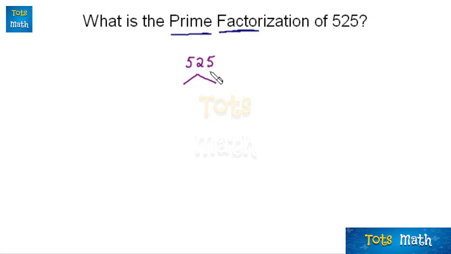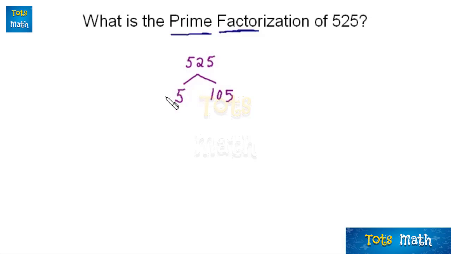I noticed that the last digit is a 5. So that means that this number must be divisible by 5. And that means that 5 must be a factor. When I divide 5 into 525, I find that the other factor must be 105. So 5 times 105 equals 525.